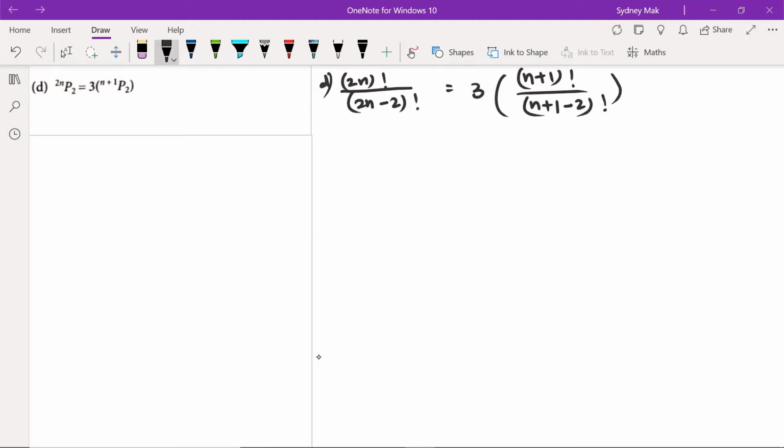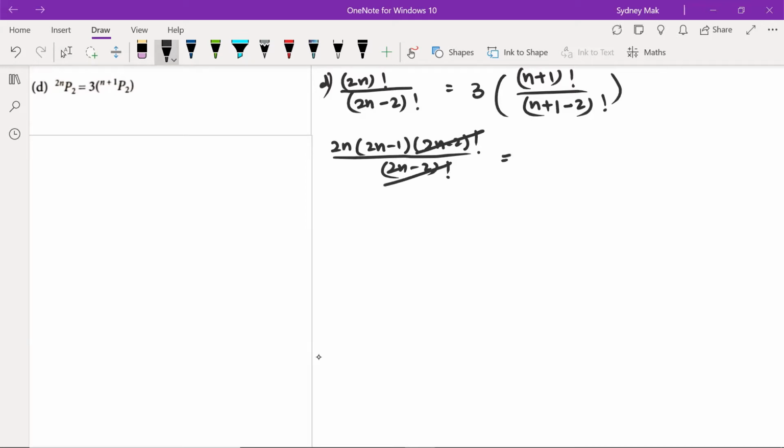So for the left-hand side, we expand the 2n factorial. That will be 2n times, always reduce by 1 each time when we move on, so 2n minus 1 and then 2n minus 2 factorial. Therefore the 2n minus 2 factorial, we can simplify.